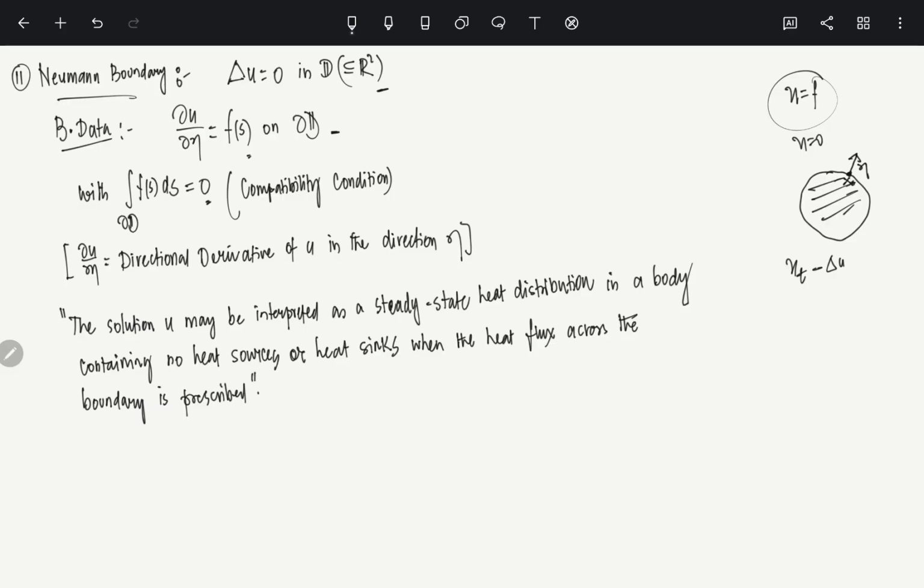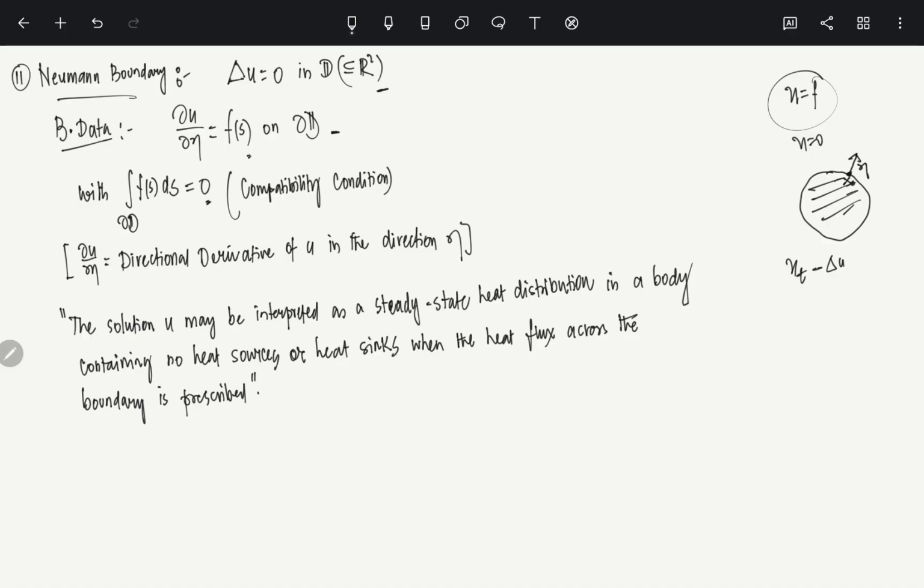So basically heat flux means how much the heat is changing, essentially. So across the boundary, how much exchange of heat there is near the boundary. So basically the flow of the heat. That is given by ∂u/∂η. Okay. And what about the compatibility condition?